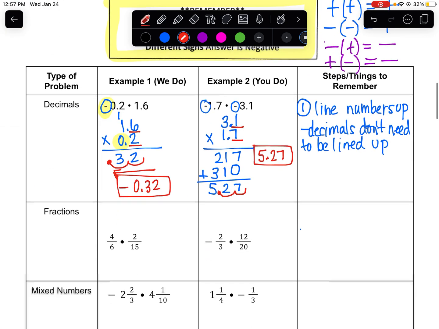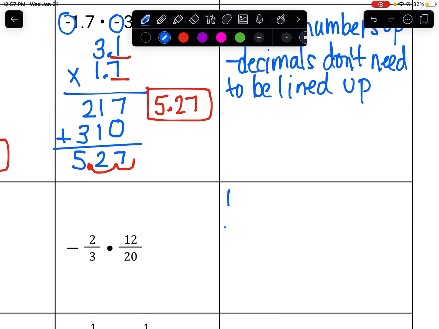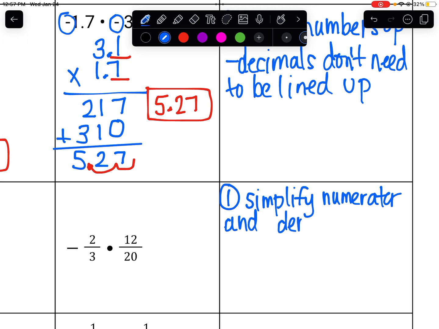All right, moving on to a little bit of fraction review. When I multiply fractions, they're actually pretty nice. The one thing that you probably need to remember about multiplying any fraction is that you can simplify from a numerator and a denominator first. So let's review that.